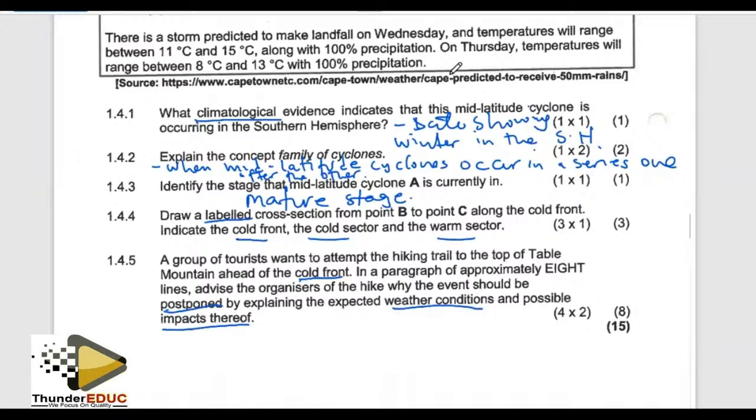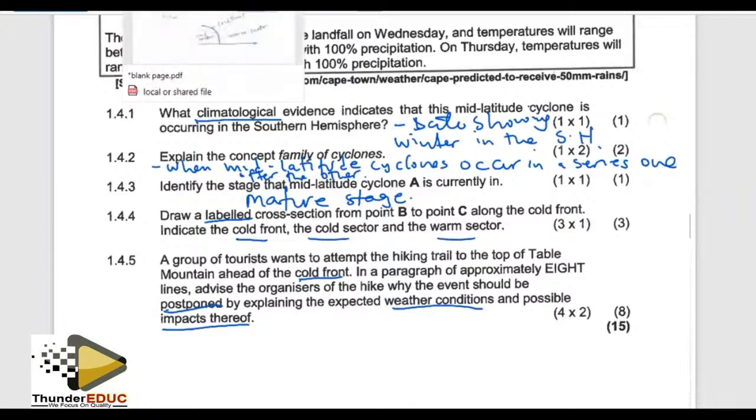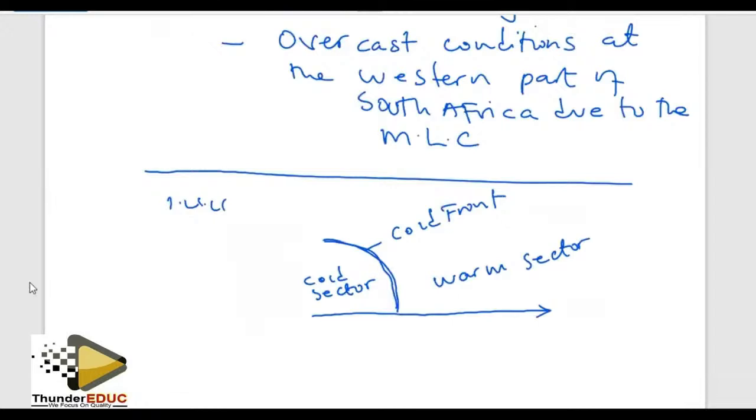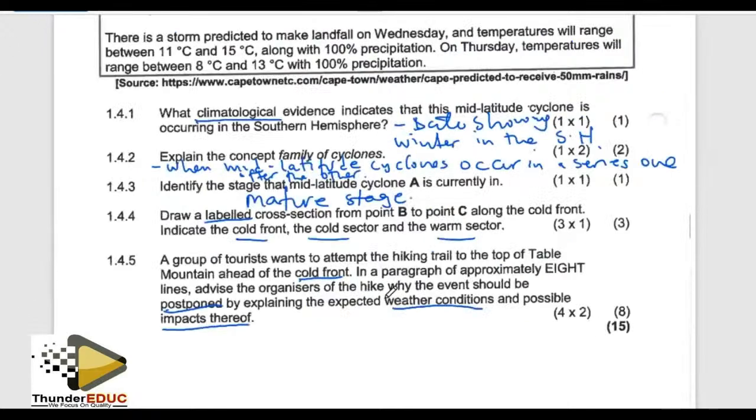So just to recap, 1.4.3, the stage was the mature stage. 1.4.4, the cross section, like we showed it here. This is the cold front, this is the cold sector, this is the warm sector. Then for 1.4.5, a group of tourists want to attempt the hiking trek to the top of Table Mountain ahead of the cold front.